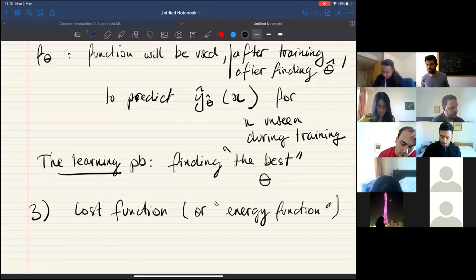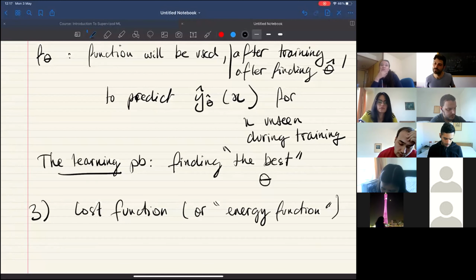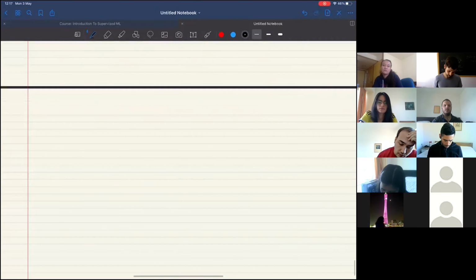Why cost or energy? Because in physics, an energy function is something that you want to minimize. Systems tend to minimize their energy to find equilibrium, or free energy, or some notions of energy. Here, the cost function is also something that we want to optimize, in particular to minimize. We want to minimize the cost, and I will write down what I mean by the cost.